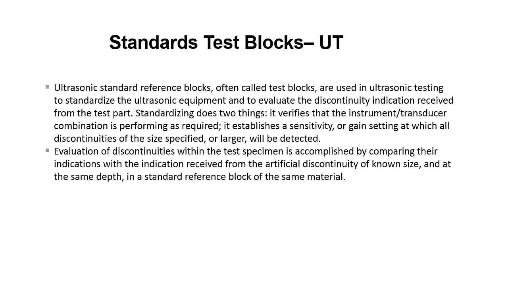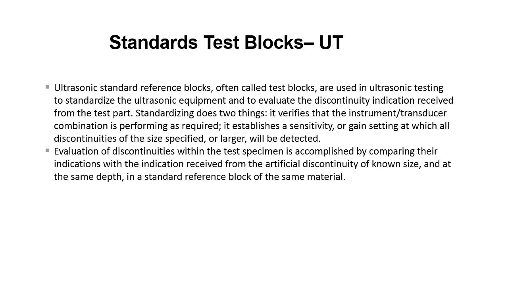Ultrasonic standard reference blocks, often called test blocks, are used in ultrasonic testing to standardize the ultrasonic equipment and to evaluate the discontinuity indication received from the test part. Standardizing does two things. It verifies that the instrument/transducer combination is performing as required.